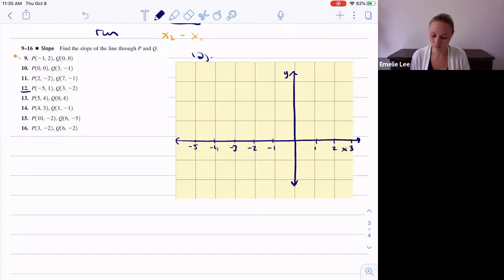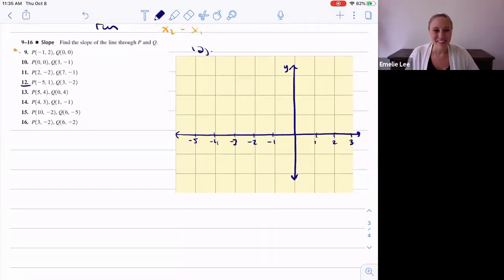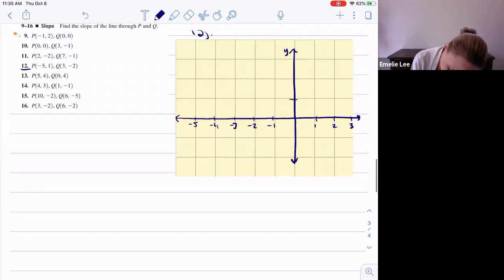Yeah. There. Needed a slightly bigger grid, but we're gonna make it work. +1, 2, 3. -1, -2.